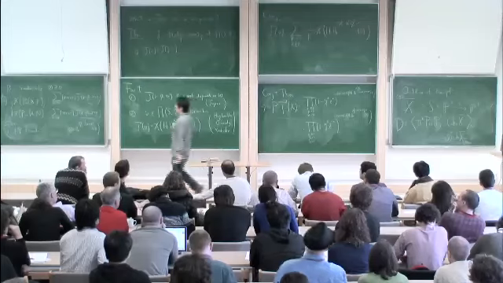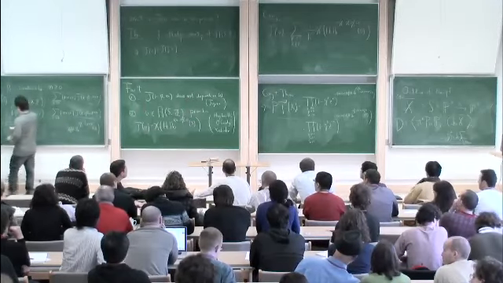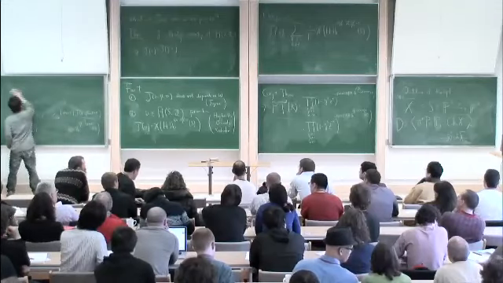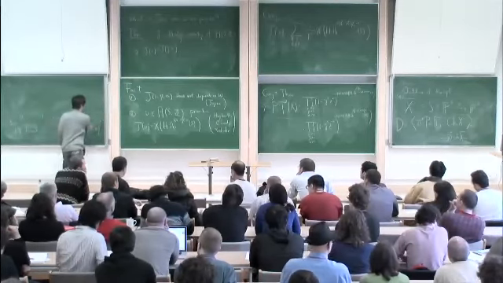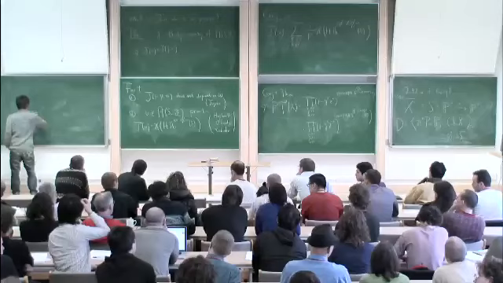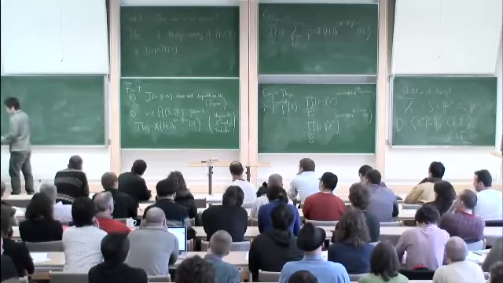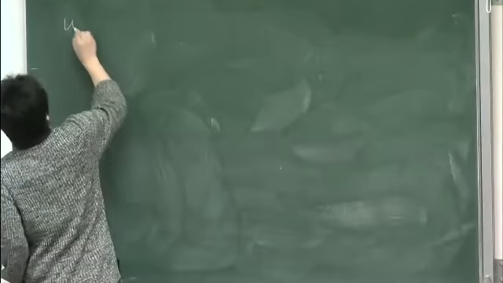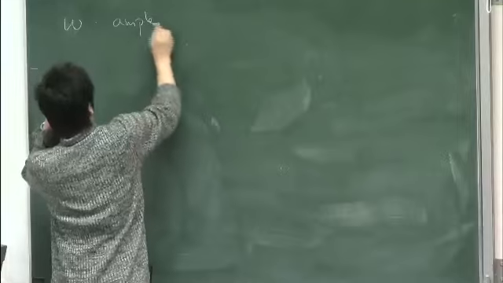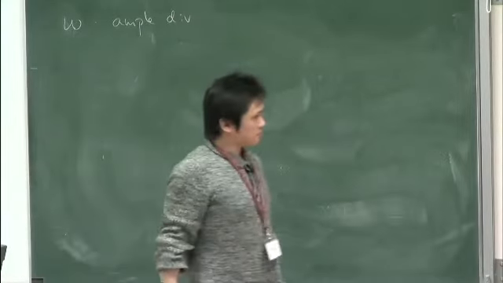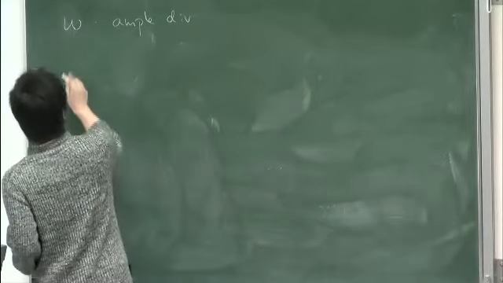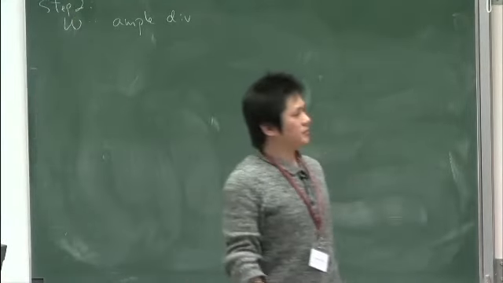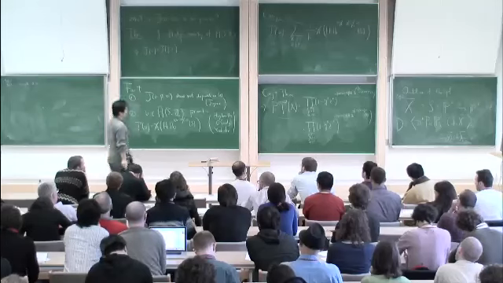And the second step is I want to find a good t-structure in which I can apply wall-crossing. I choose omega, an ample divisor, and then I can construct a heart of a t-structure on that triangulated category.